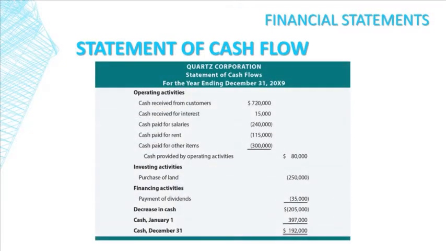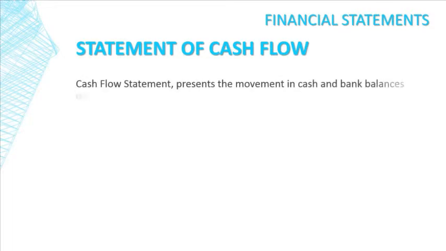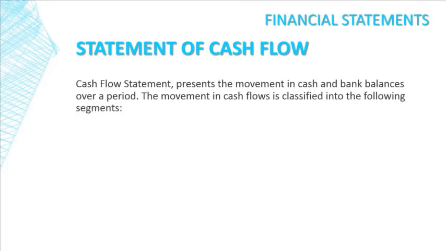Statement of cash flows. This is an example of a statement of cash flows. The cash flow statement presents the movement in cash and bank balances over a period. The movement in cash flow is classified into the following segments.